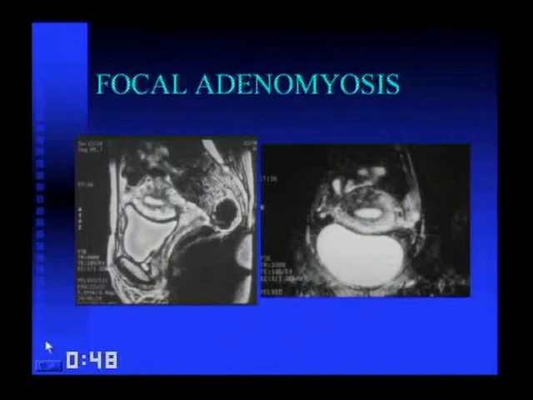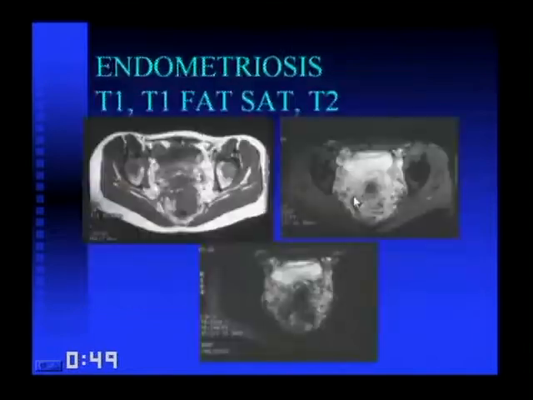So here's an example of focal adenomyosis, T2 scans in the sagittal and oblique axial planes showing focal thickening of the junctional zone. This is an example of endometriosis, which I throw in the category of abnormal endometrial tissue, but this is extrinsic to the uterus, showing you T1 fat sat and T2 scans, and I'd like to bring to your attention a very subtle focus of abnormal signal intensity on the bladder dome right there.